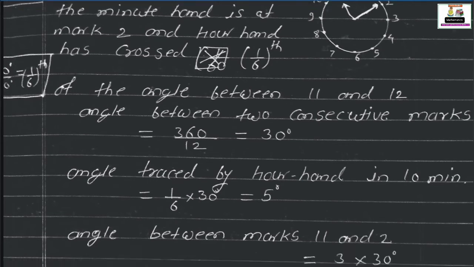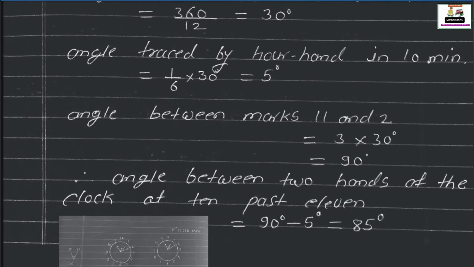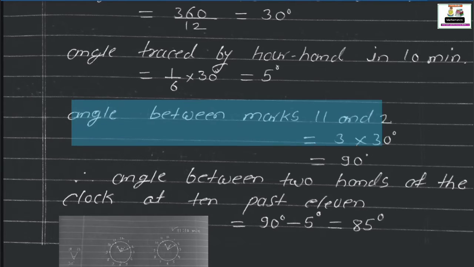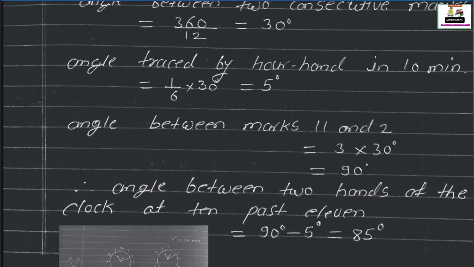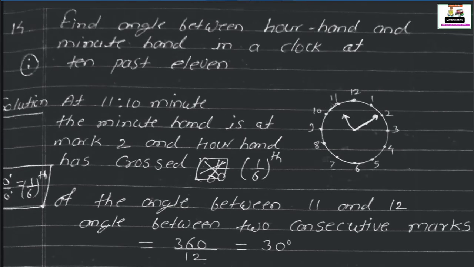Then again find the angle between marks 11 and 2. We know that one part means 30 degrees. Here there are 3 parts, 1, 2 and 3.